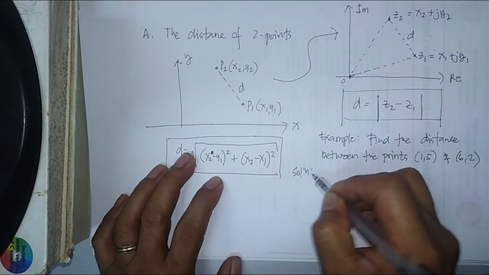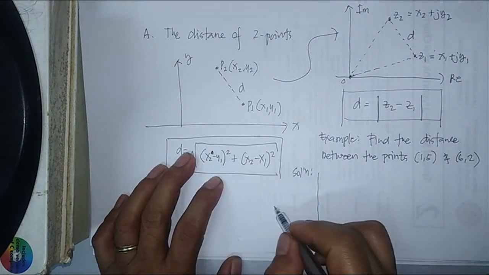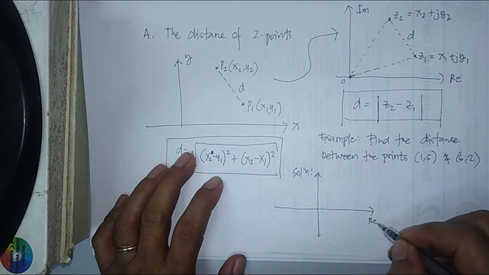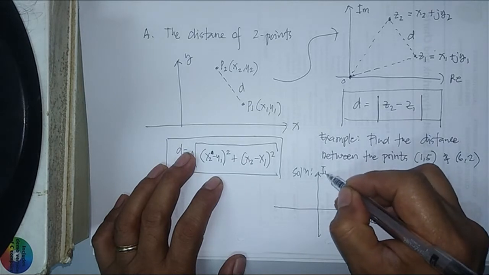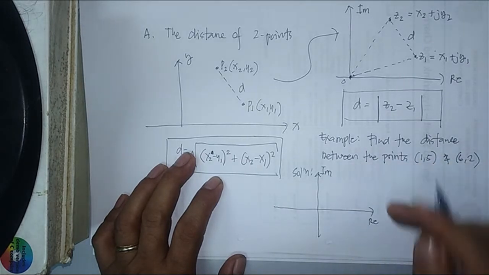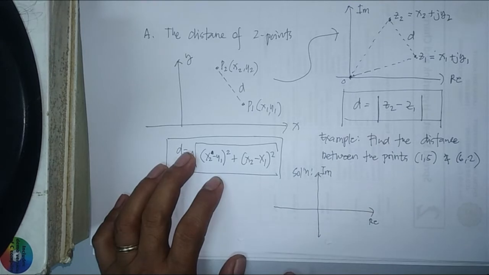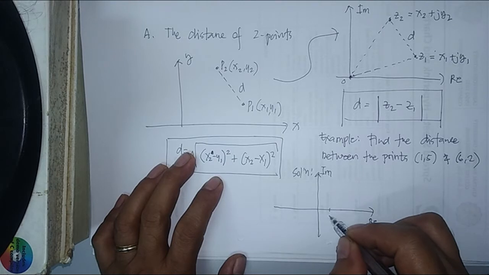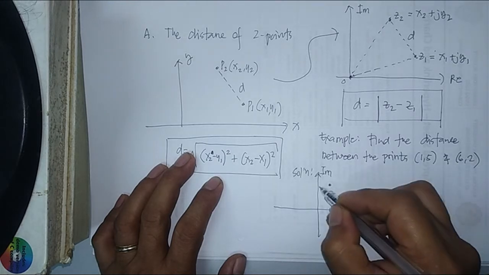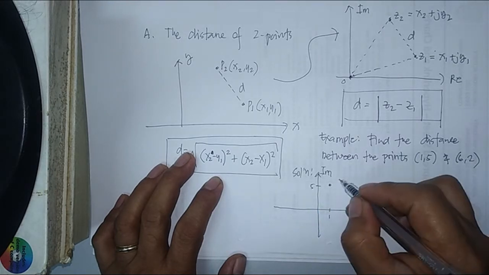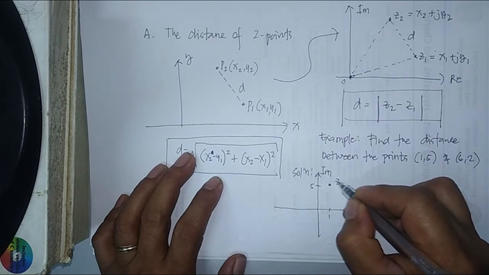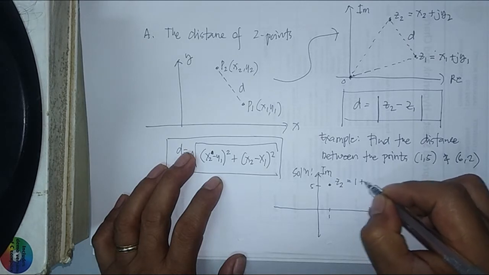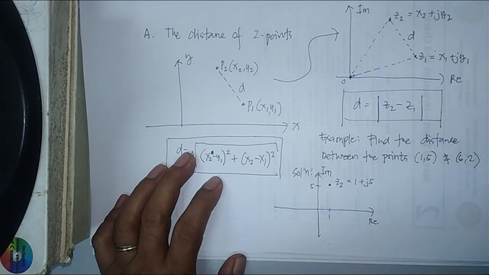Start your solution by sketching the distance in your Argand diagram. This is your real axis, and this will be your imaginary axis. For the first point, 1 and 5, let's label this as Z2, equivalent to 1 plus j5.